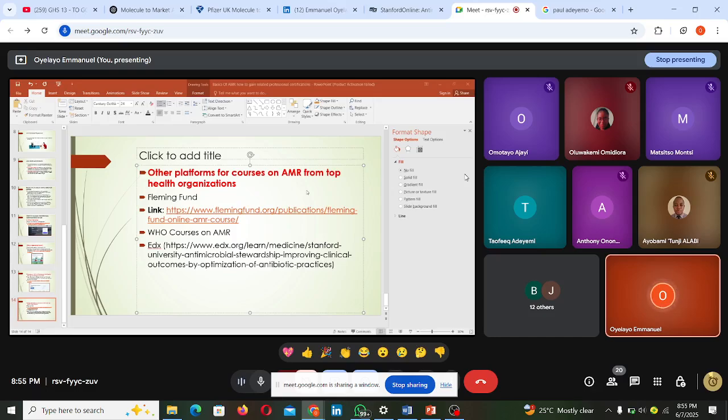So please do join us in our AMR advocacy visits to all of these places if you're in LAUTECH, so that you also can emerge as an individual intentional about antibiotic resistance, and we can all collaboratively put an end to antibiotic resistance within our neighborhood and our community.